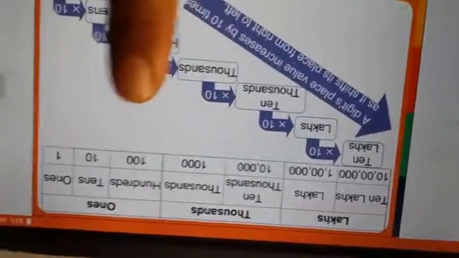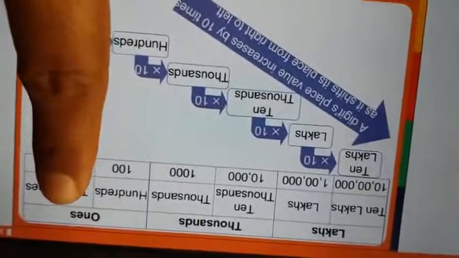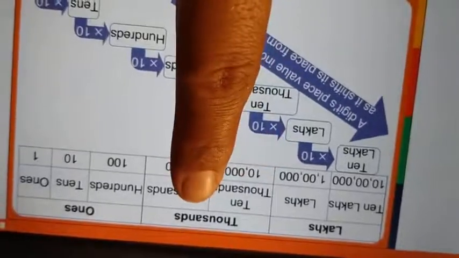Okay. Now look at this chart. In that chart, lakhs, thousands and ones are there. In the ones, there are 3 groups: ones, tens and 100. उसको हमने किस में काउंट किया? Ones में. 1,000 and 10,000 are called thousands. Lakhs and 10 lakhs are called lakhs.